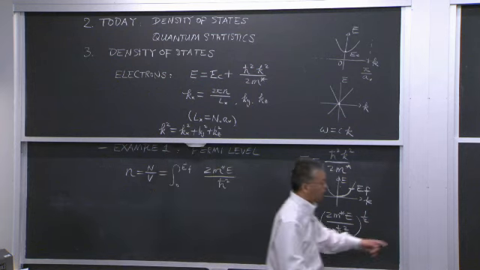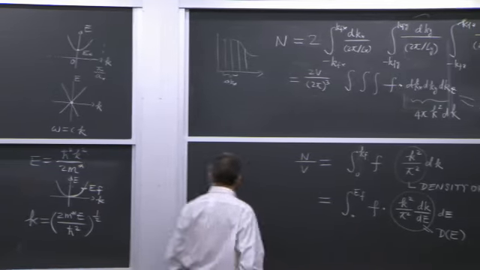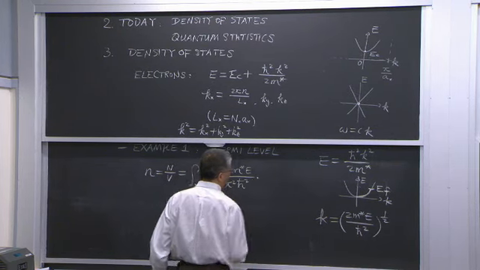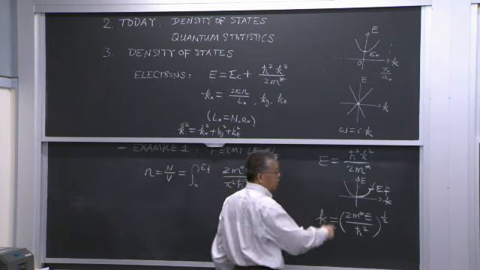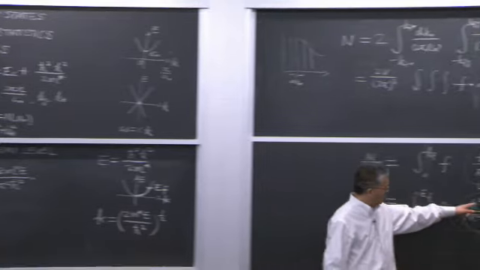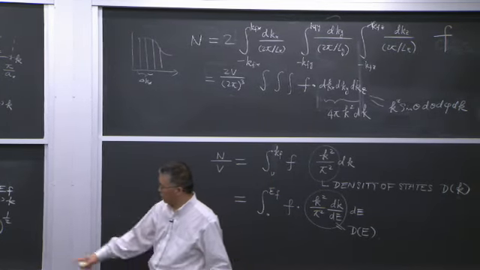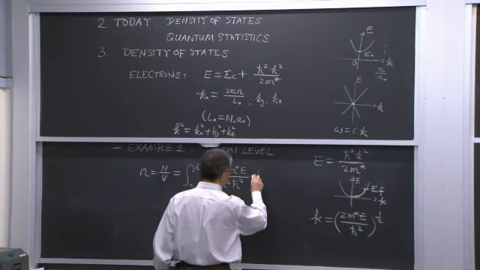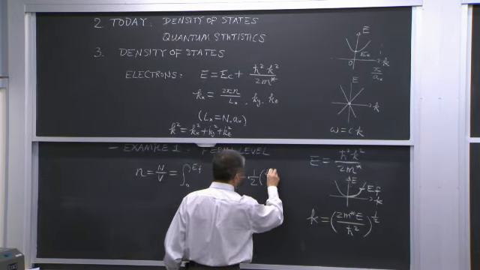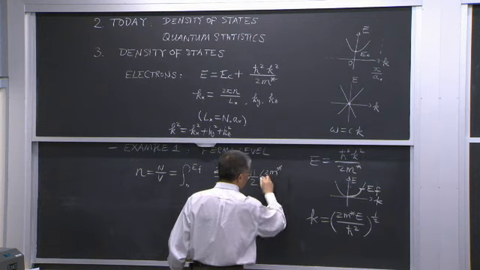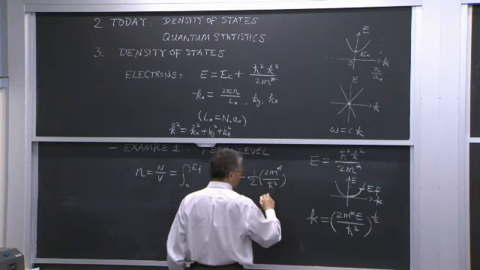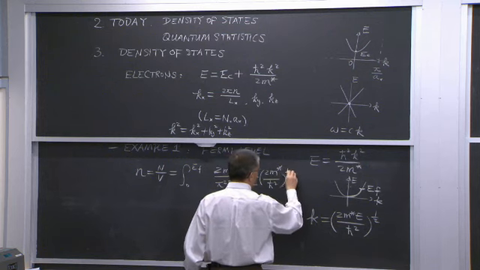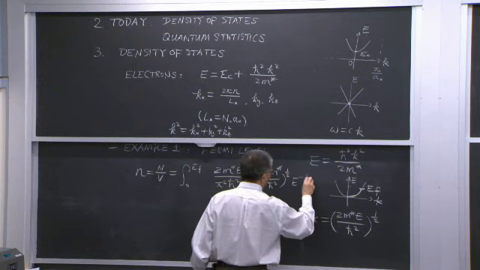That's my K squared, over 2 pi squared, so I put a pi squared here. And then I have my dk/dE. This is my K, this is my E. So my dk/dE is 1/2 times (2m star over h bar squared)^(1/2) times E to the negative 1/2.